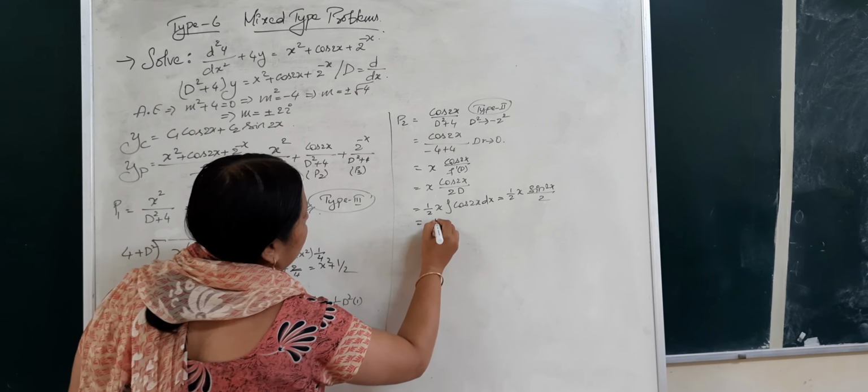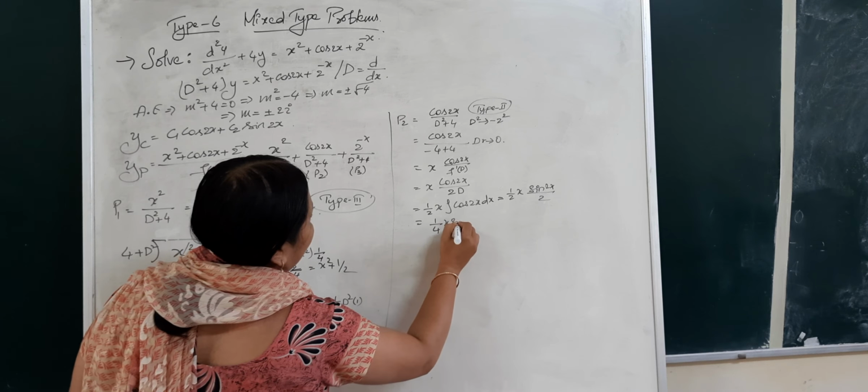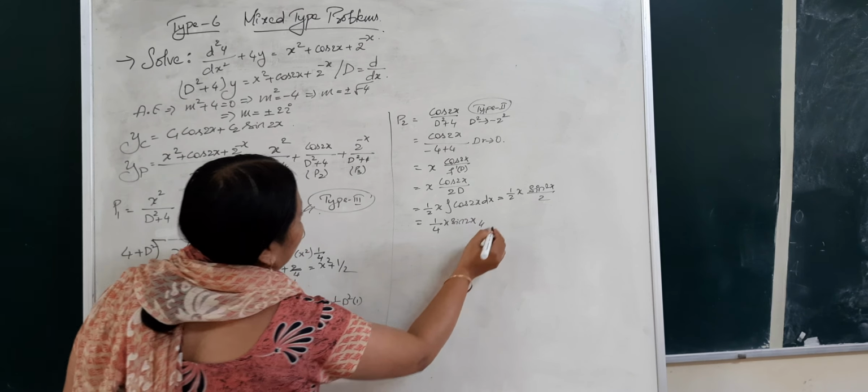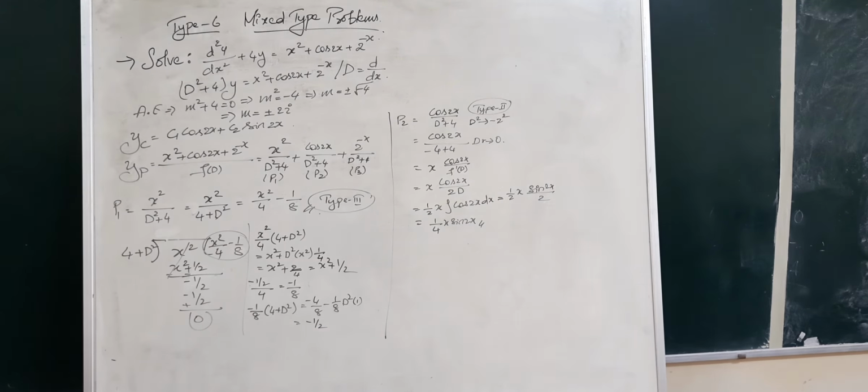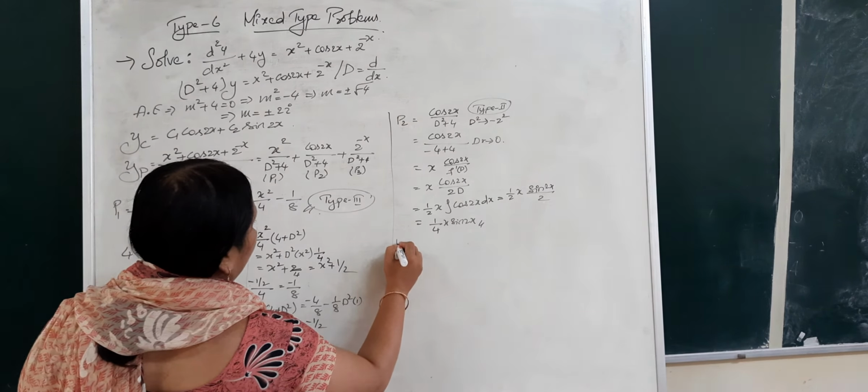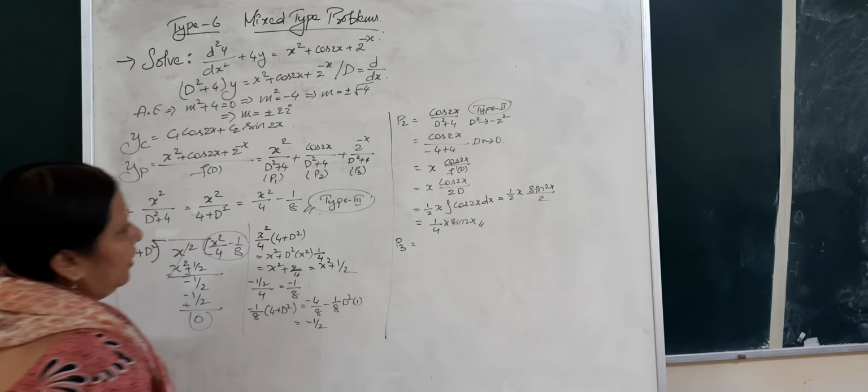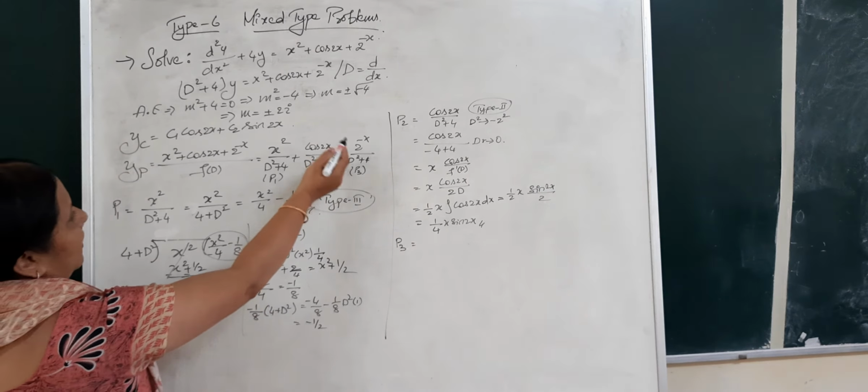So this is equal to 1 by 4 x sin 2x. This is your second type. Got it? Coming to the third one.